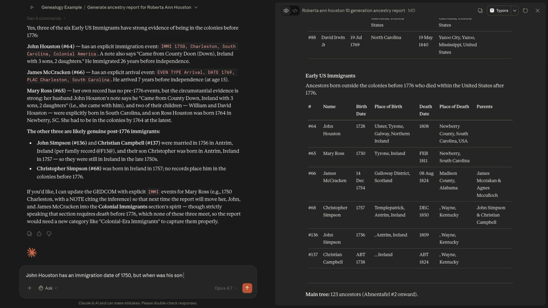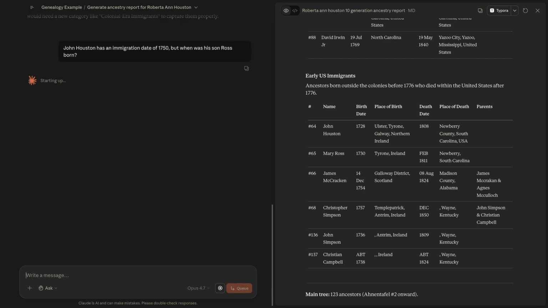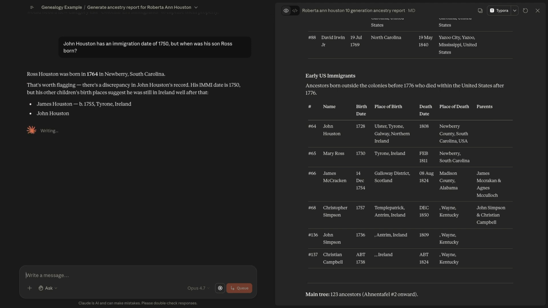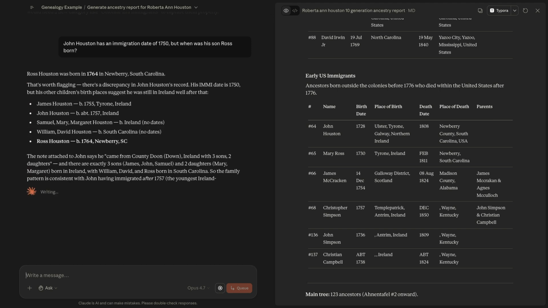Let's see, where was it? Ross, born. In my first go through with this, Claude came back with a slightly different answer. It mentioned actually that Ross was born out of line with that immigration date. So I want to see. So Ross was born in 1764. So see, here we go.